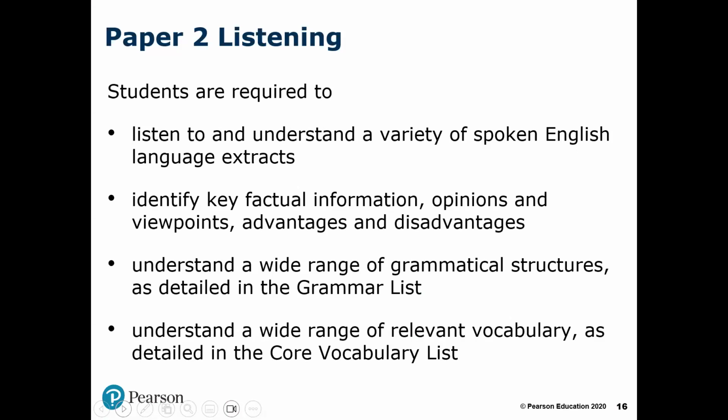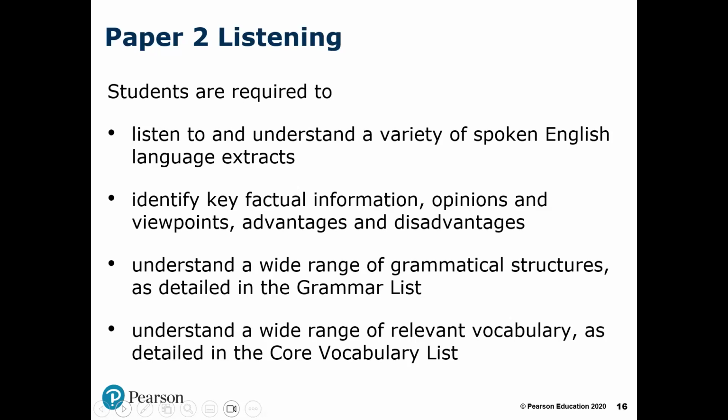They need to identify key factual information, opinions and viewpoints, advantages and disadvantages. They need to understand a wide range of grammatical structures as detailed in the grammar list. And they need to understand a wide range of relevant vocabulary as detailed in the core vocabulary list.